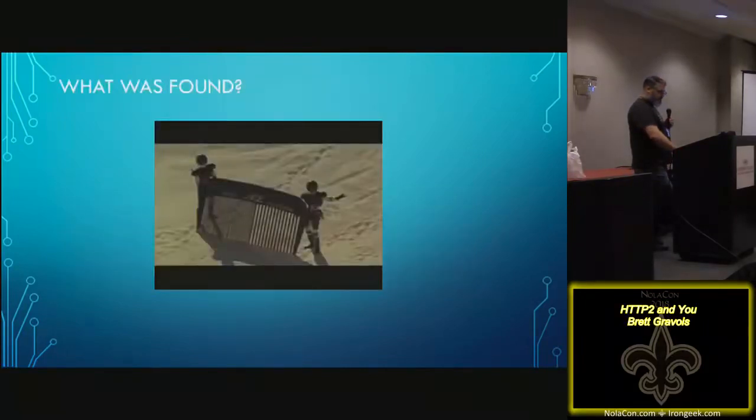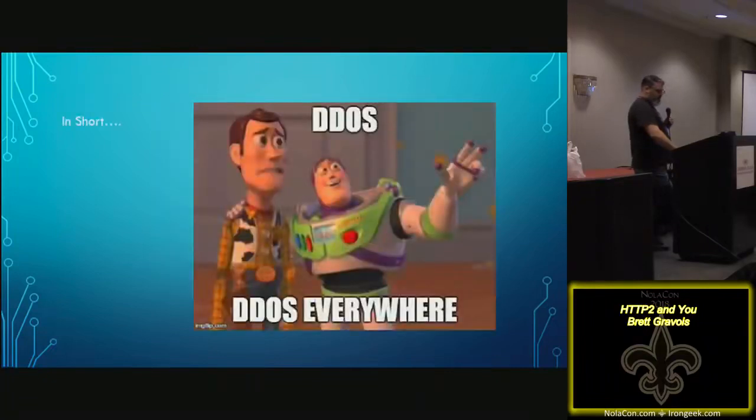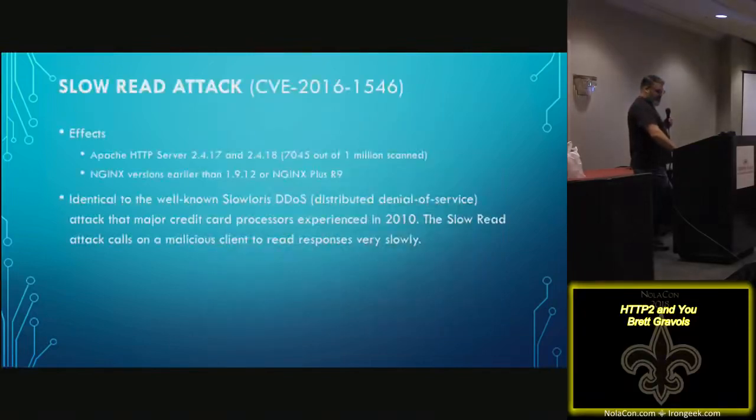And then so, you know, really, what did I find out there? So in short, DoS. There's just DDoS all over the place. There are 4 major vulnerabilities that Imperva found. There's the slow read attack, which basically affects Apache Server 2.4.17 and 2.4.18, and out of 1 million records that I found, there are still 7,000 servers sitting out there that are vulnerable.